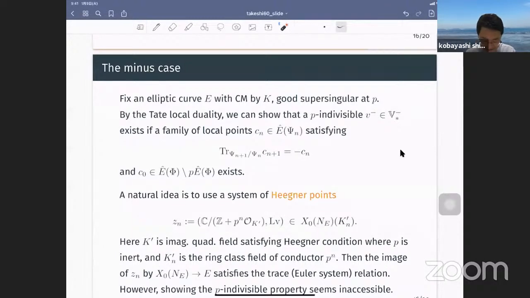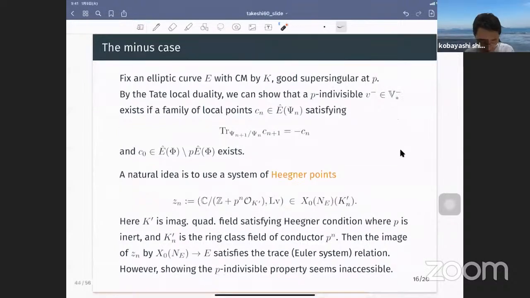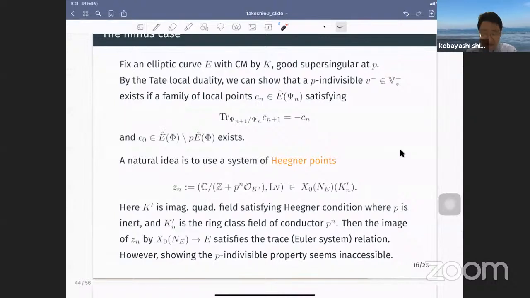And Rubin considered like this. The natural idea is to use Heegner points. A Heegner point is a global object, but satisfies such relations. This is the Euler system relation of Heegner points.